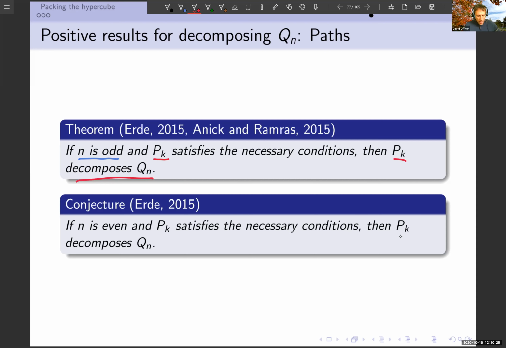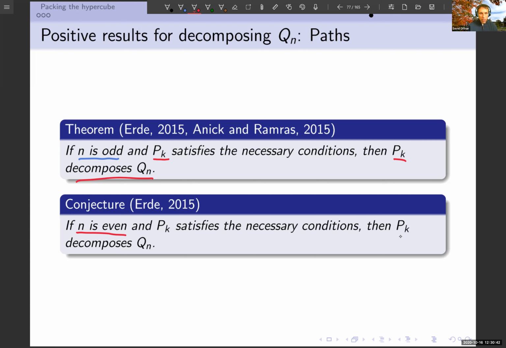And Erdi conjectured that the same would be true for even hypercubes. So if n is even and the path length is compatible with the number of edges in the hypercube, then it would decompose the hypercube.